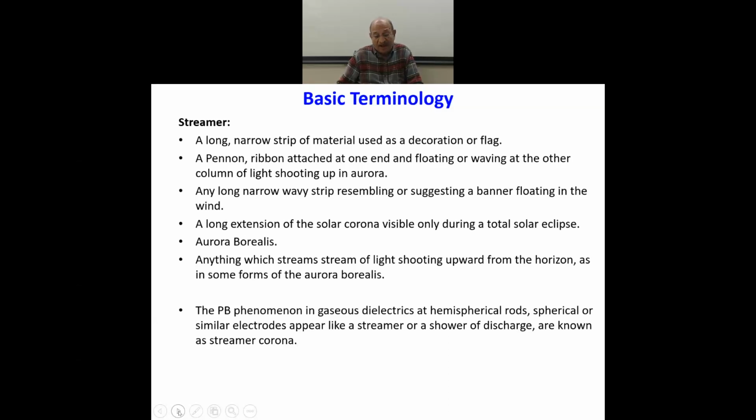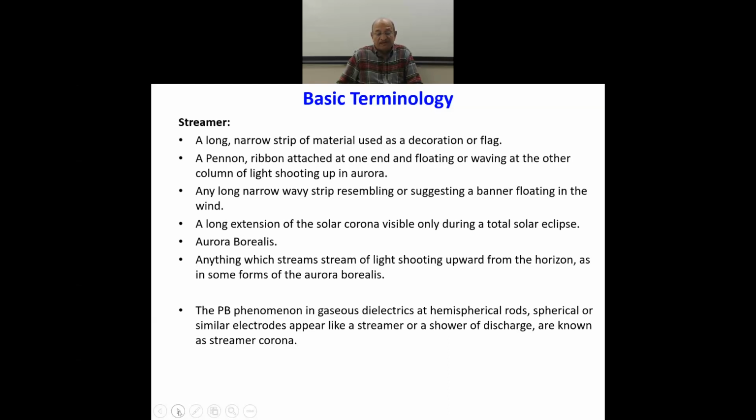That is a flag, simply a flag, which is a similar form to a streamer, or a ribbon attached at one end and floating or waving at the other. Suppose you take a crepe paper strip and stick one end of it on a fan, put a number of them on the fan and then rotate the fan.